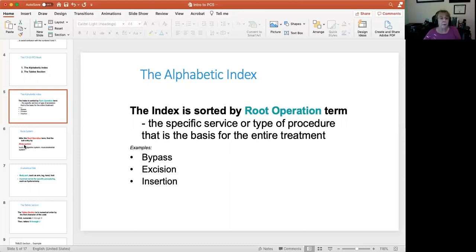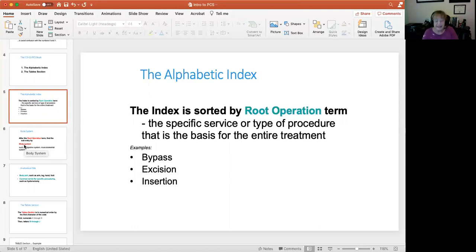Okay. All right. And the alphabetic index, as I said, is sorted by that, but it also includes other terminologies. So you don't have to worry necessarily about figuring out what the root operation is.